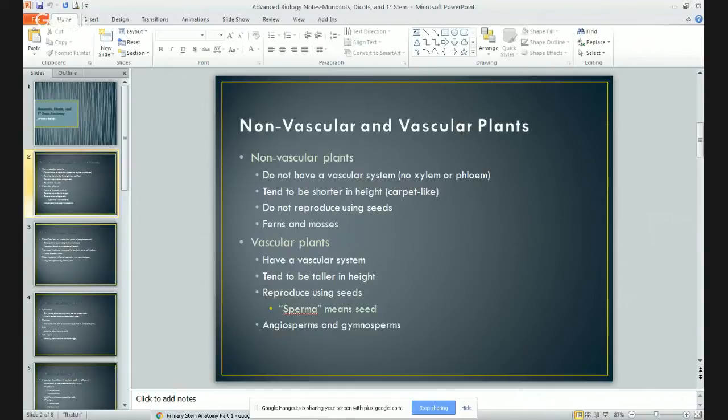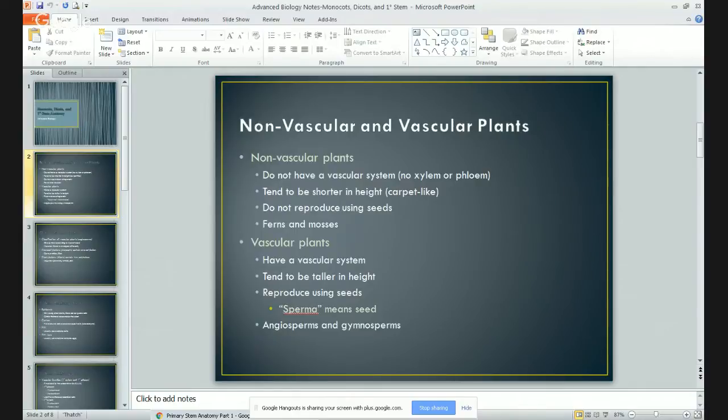So they can't reach great heights because they don't have that ability to transport those things. So they're usually shorter in height. They do not reproduce using seeds. So some examples of those are ferns and mosses.